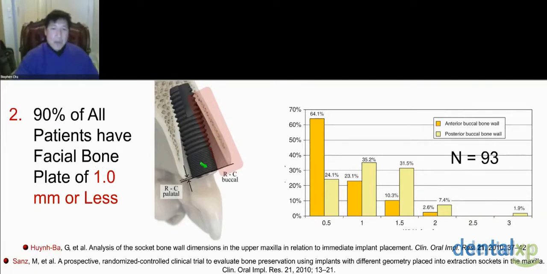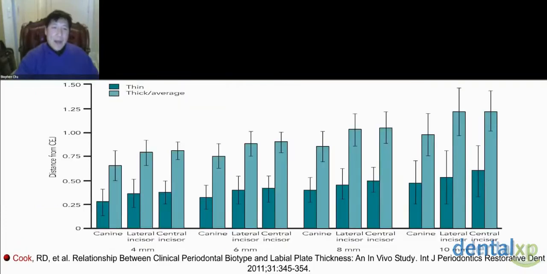Again, that's a scary number when you're considering putting immediate implants into fresh extraction sockets. As a matter of fact, they found that almost 2/3 of the patients, 64%, had a buccal plate thickness of 1/2 millimeter or less. There's a new paper out by Cook that looked at different biotypes, thin versus thick.